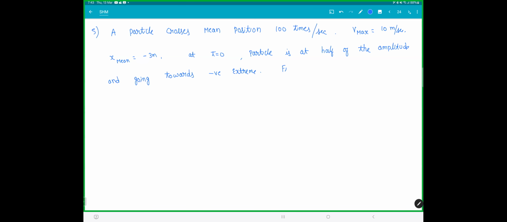Find the equation of SHM. Again, just to give an idea, you need to find x coordinate minus x mean is equal to A sine (omega t plus phi). So if you can find x mean, amplitude, omega, and phi, my job's done. If you get these 4, you got the answer. Get it, I give 2 minutes.